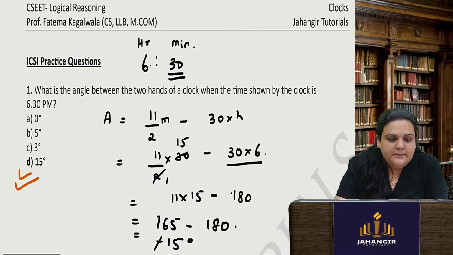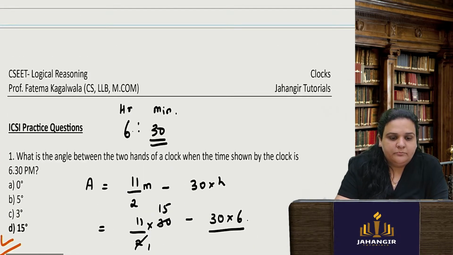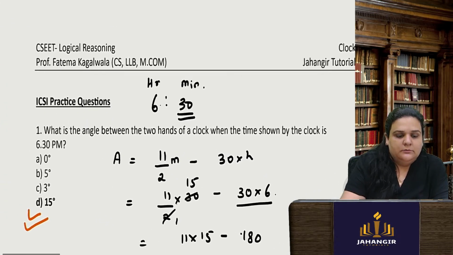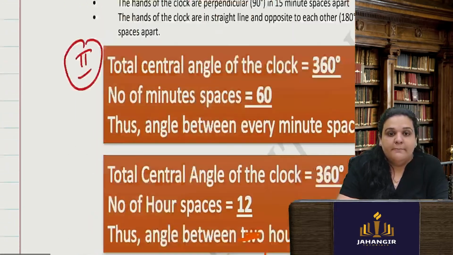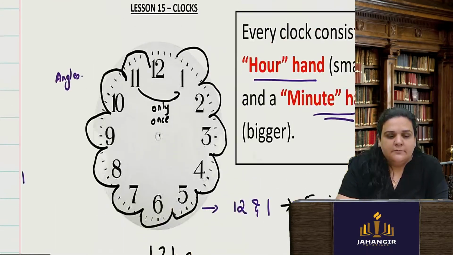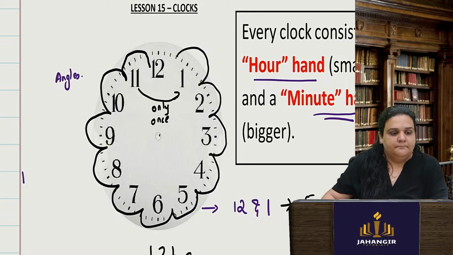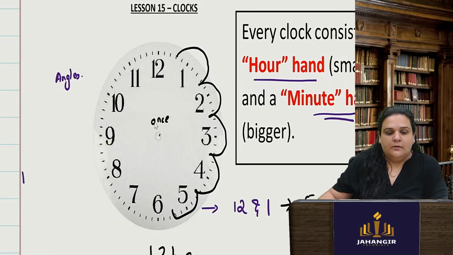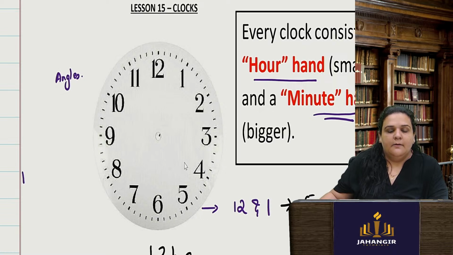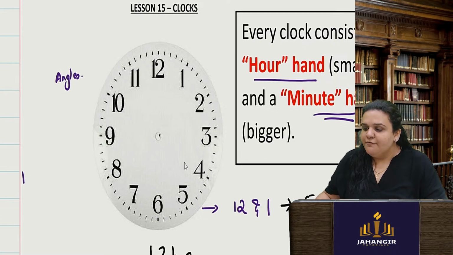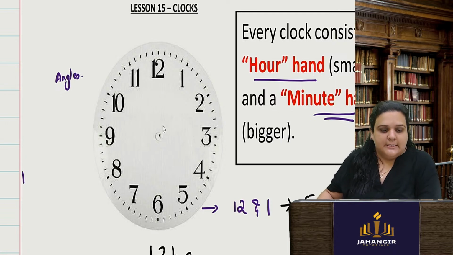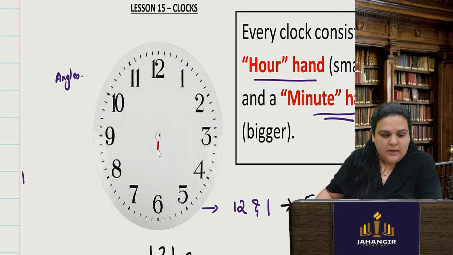Now what happens is, coming to a clock. We'll remember this question. My clock is here. They are asking me the angle it is going to form at 6:30. So this is the hour hand and this is the minute hand.